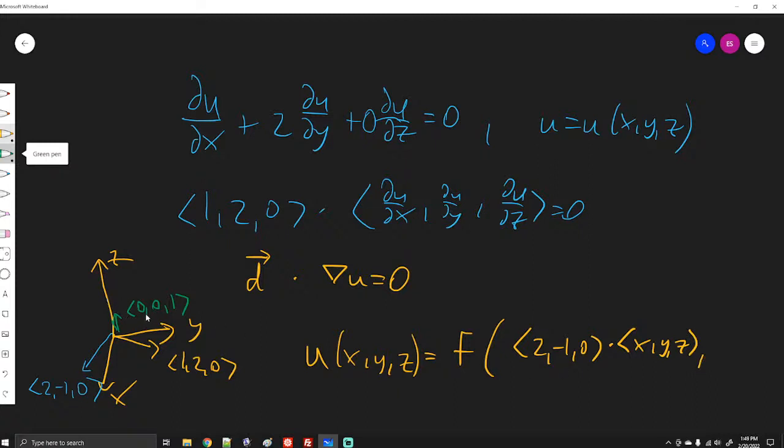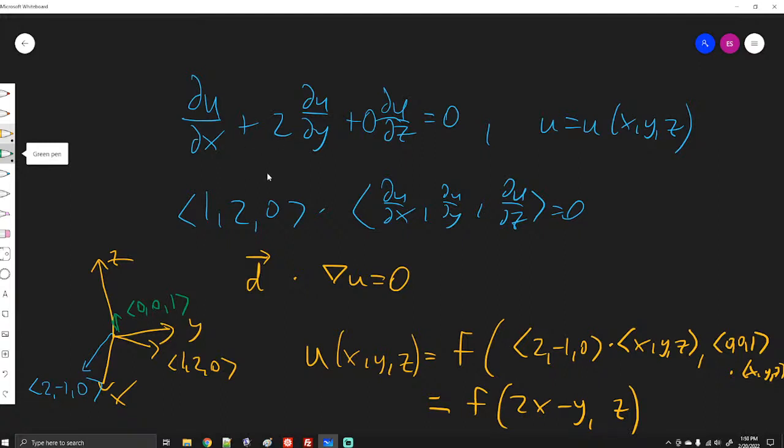And the second perpendicular vector is 0, 0, 1, dotted into x, y, z. And now if I evaluate the dot products, I get 2x minus y, comma, z. So this is my general solution for this PDE here.